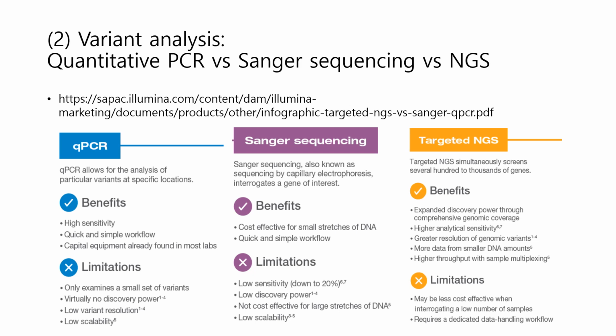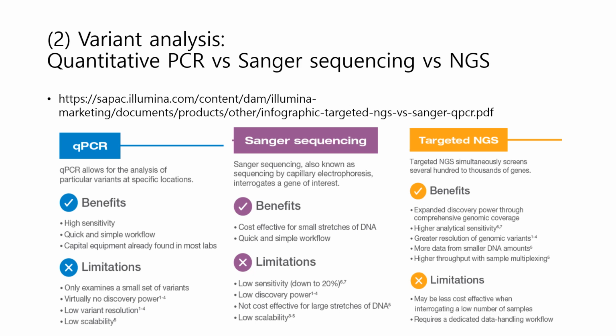These three methods have their own benefits and limitations. For qPCR, benefits include high sensitivity, a quick and simple workflow, and low capital equipment cost because a PCR machine is already found in most labs.